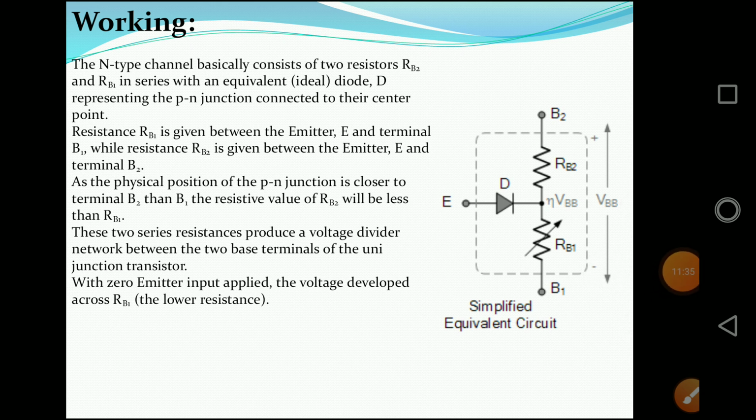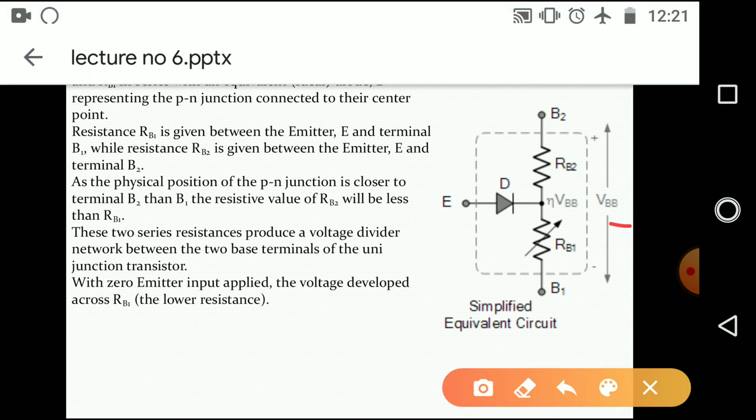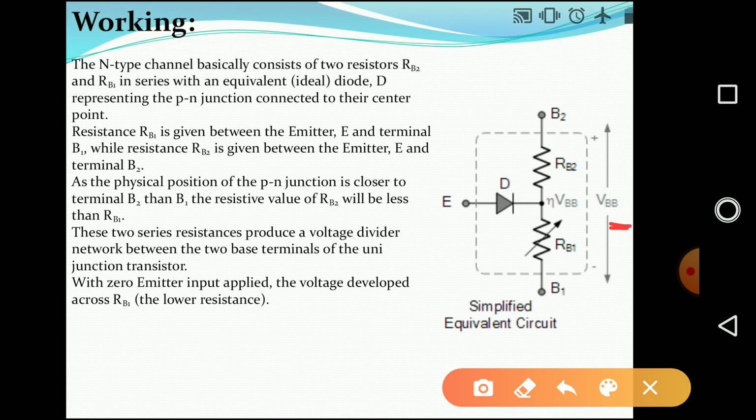Here the B1 terminal is considered as the ground terminal, and we make the input voltage at the emitter 0 and apply voltage VBB across B2 to B1, positive at B2 and negative at B1.